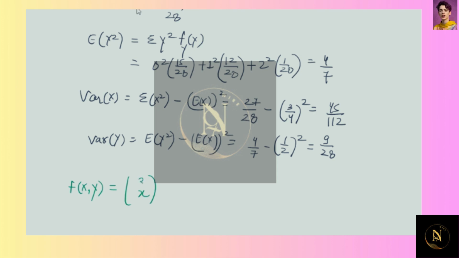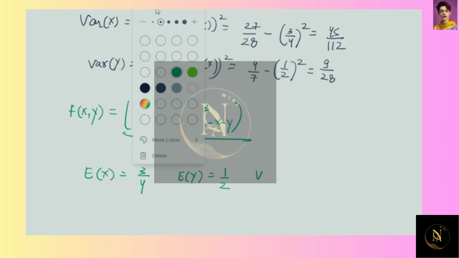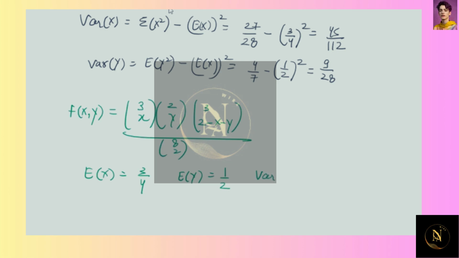This was our probability function, and the different values were E of x equal to 3 by 4, E of y equal to 1 by 2, variance of x equal to 45 by 112, and variance of y equal to 9 by 28. This was our final answer. Hope this answered your question. Thank you.